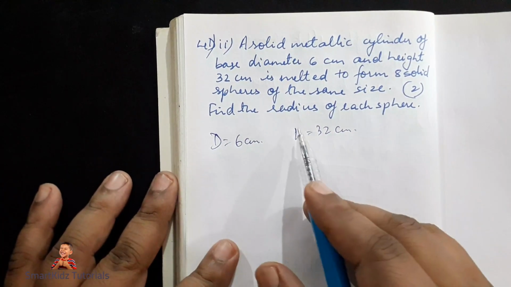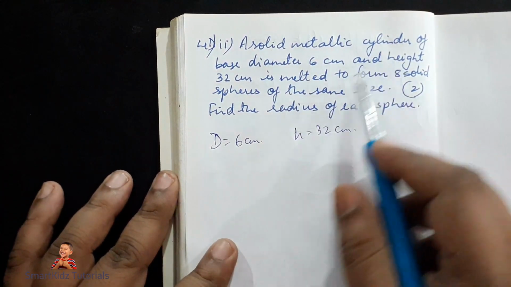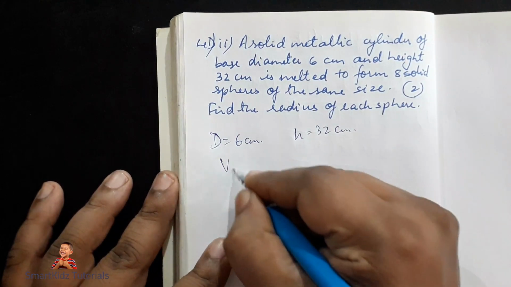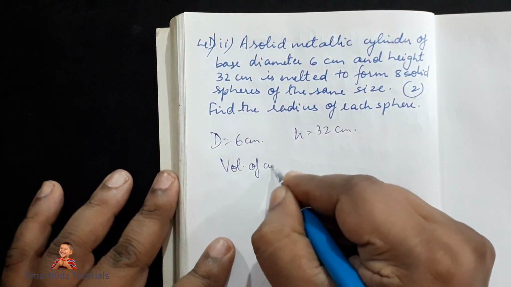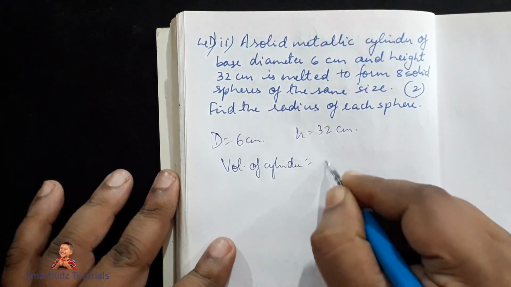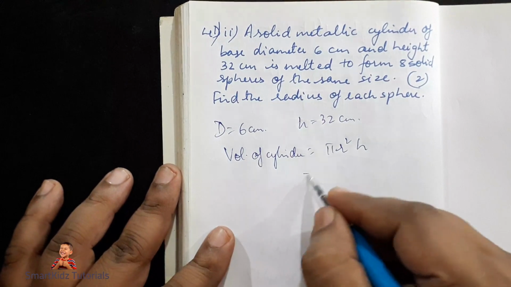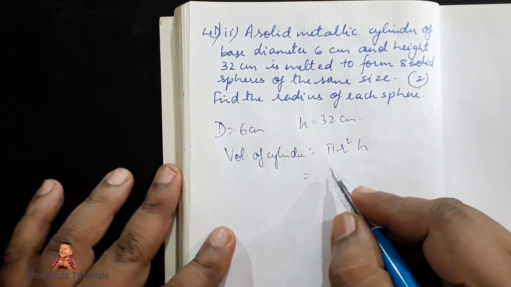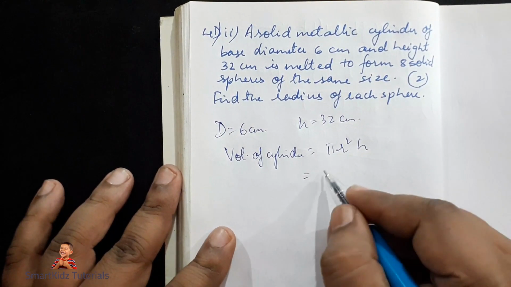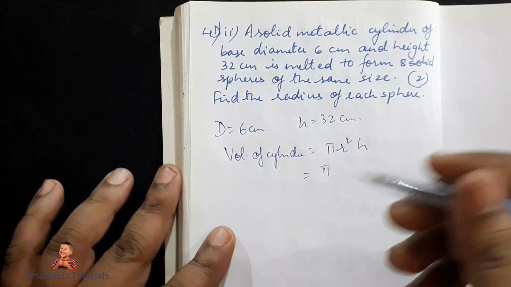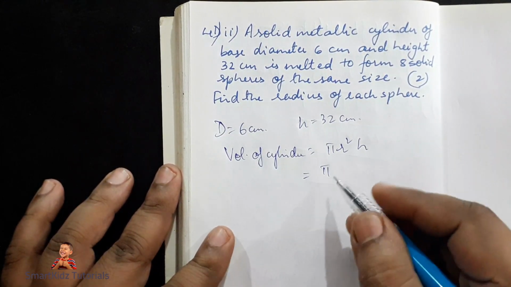So basically the volume of this cylinder should be equal to the volume of those 8 spheres. First we'll find out the volume of the cylinder. Volume of cylinder is equal to pi r square h. Don't substitute the value of pi, we will get to cancel it later on. Always look to cancel pi rather than substitute the value, unless it's mentioned to substitute.